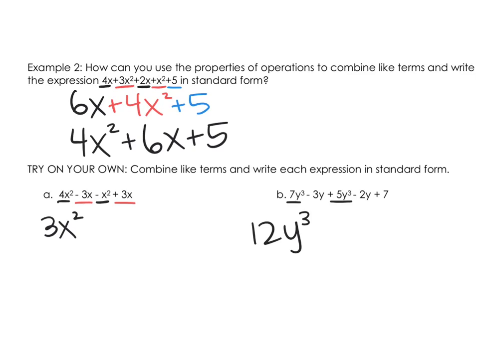Then I see that negative 3y minus 2y can go together, and that should give me minus 5y. And then that positive 7 doesn't have anyone to go with, so it's going to go on the end. Now, you should have double checked if both of your answers were in standard form, and they happen to be in standard form, so we are done.